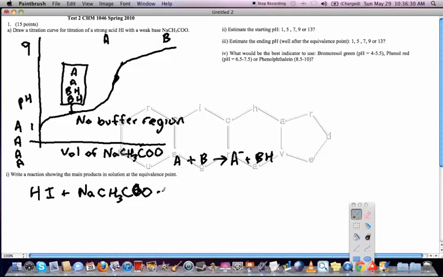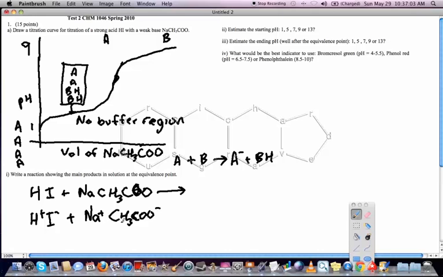Now we can figure out what's going to join together if we look at this as being H plus, and split this into ions: this will be H plus, which will make that I minus, and then we've got the Na, which we know is going to be Na plus, and we've got this, which we know is going to be CH3COO minus. The reason we know that this whole thing is negative is because we know sodium is positive.